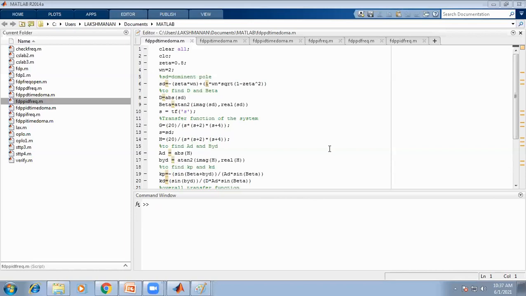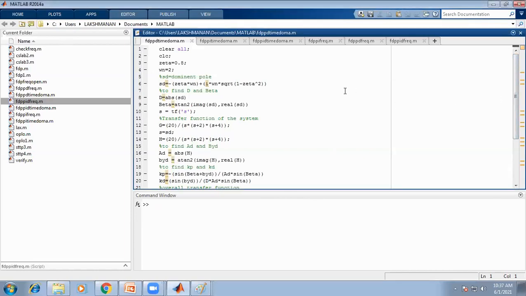Actually, what I told, using the root locus technique, we are going to use only theta and omega n. You just look at the program. Here I am taking theta equal to 0.8, then omega n equal to 2 radian per second. I'm using the dominant pole formula: SD equals minus theta omega n plus j omega n root of 1 minus theta square.